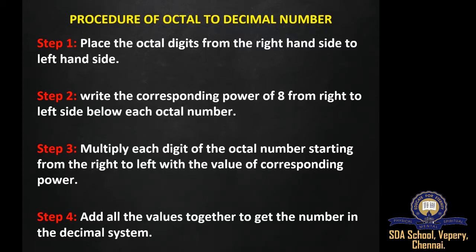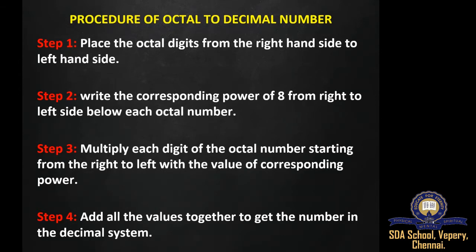First step, place the octal digits from right hand side to left hand side. The second step, write the corresponding power of 8 because this is an octal number. So we write the power of 8 from right side to left side below each octal digit. And what is the third step?